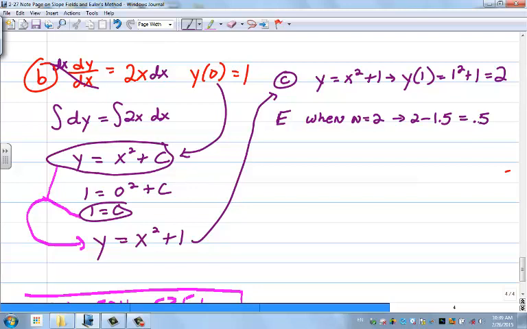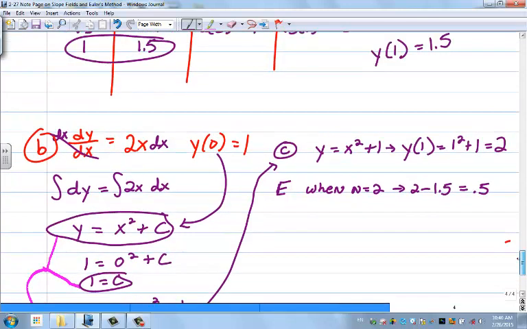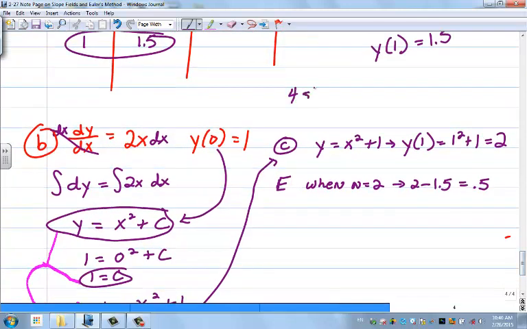Now, being the lazy math teacher that I am, I'm not going to do Euler's method with 4 steps, but you can take my word for it that Euler's method with 4 steps would give you y of 1 equals 1.75. And I didn't do work for that.